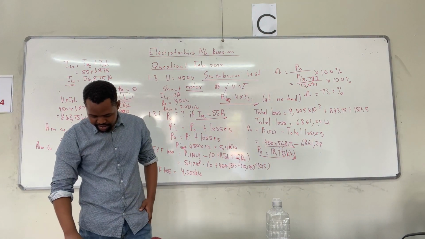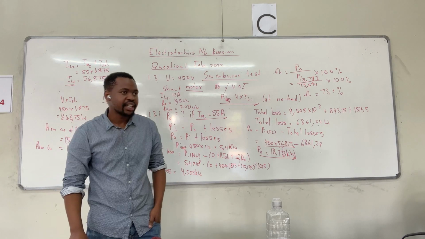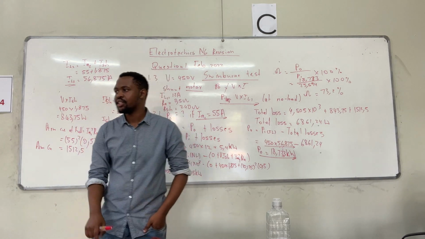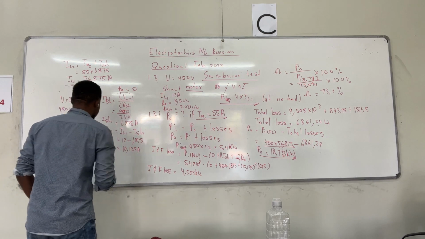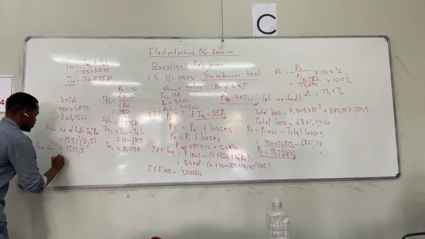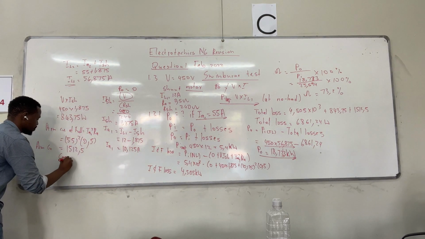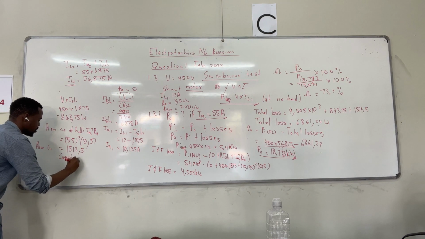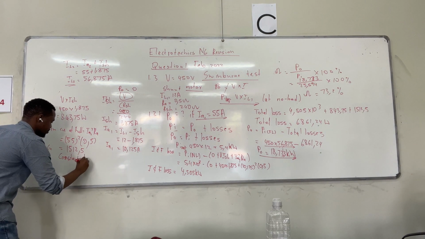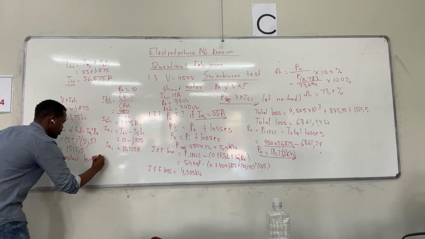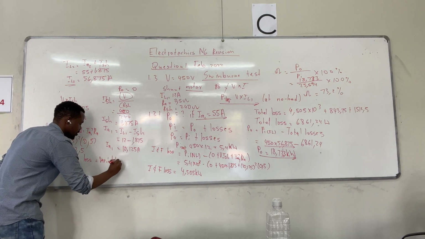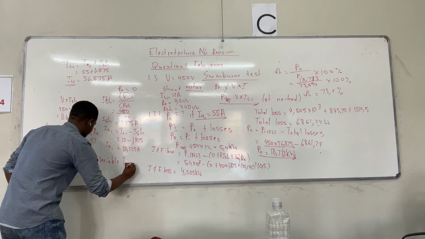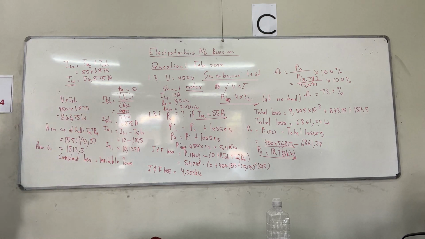The next question asks for the armature current at maximum efficiency. At maximum efficiency, constant losses equal variable losses.